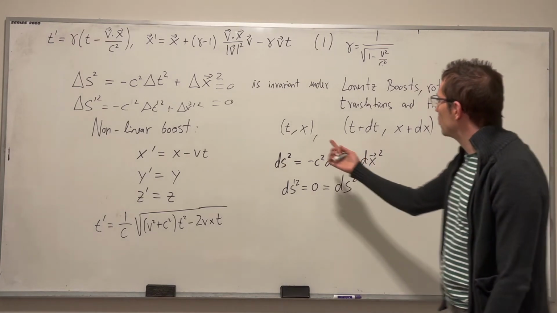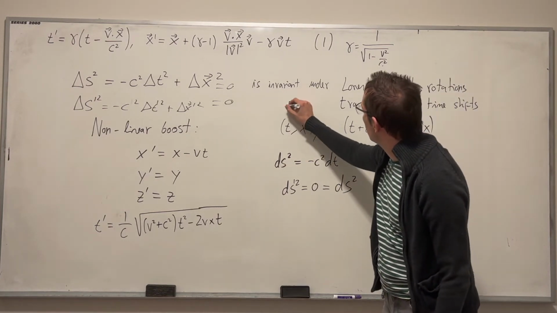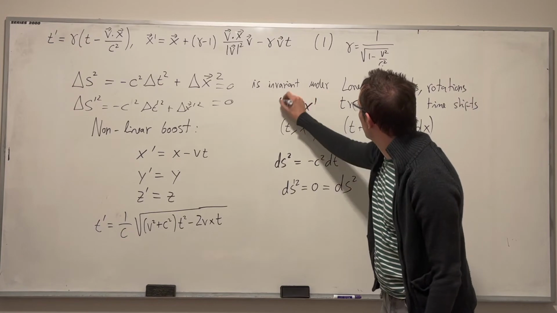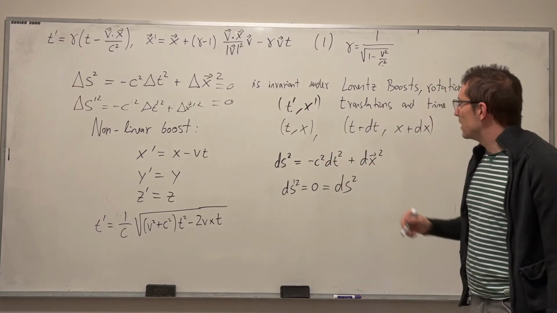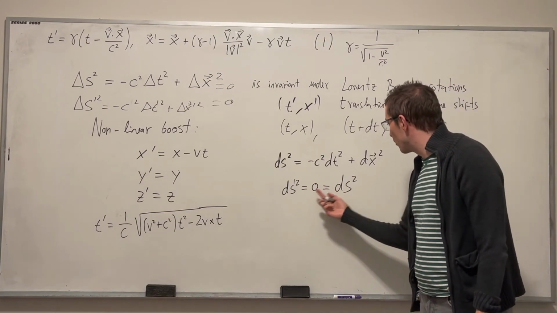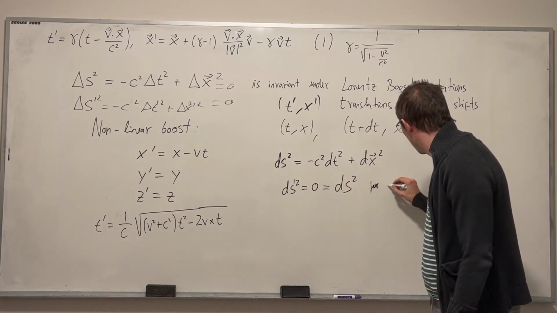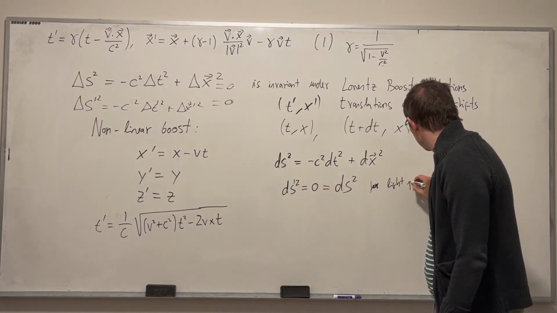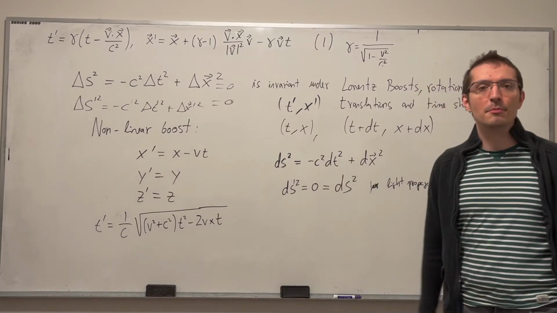So, of course, you would have the equivalent now in a different reference frame with primes in here, and the same one with primes in there. Now, for both of them, we know that for light propagation, they're both 0.